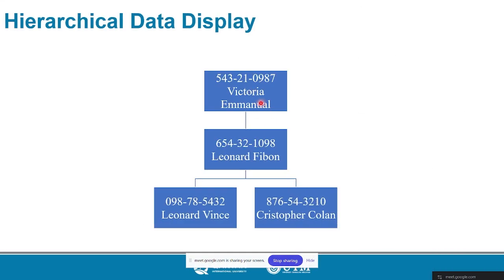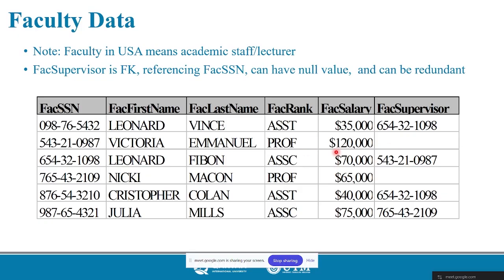So it means that Victoria Emanuel supervised Leonard Fibin, and Leonard Fibin supervised Leonard Vins and Christopher Colon. This is just a display. It is better to understand it this way, because otherwise you need a very good eye to see these.